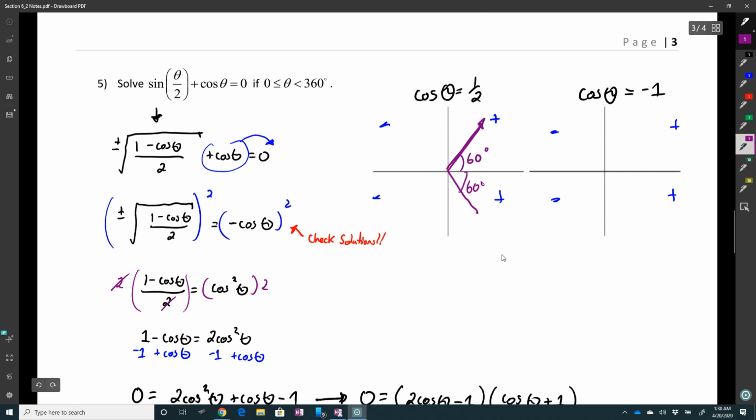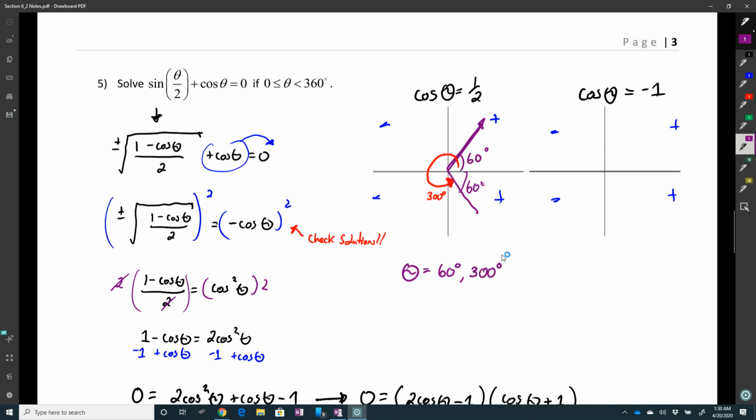All right, so my answers here are going to be 60 degrees, and then a full rotation minus 60 degrees. And so that's 360 minus 60, which is just 300. So the angle from here to here is 300 degrees.